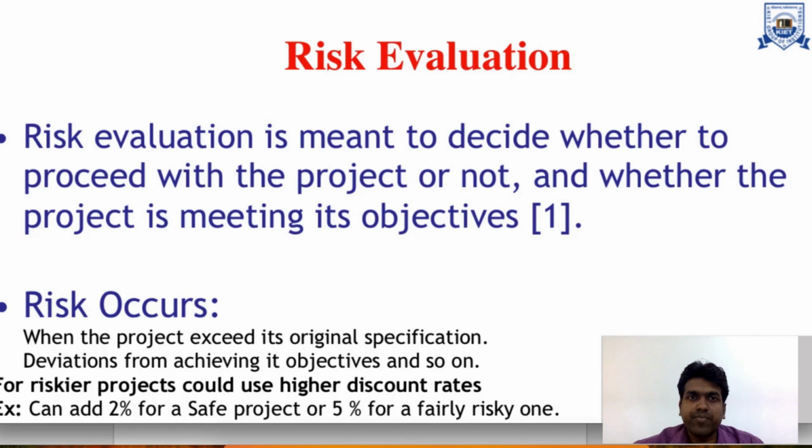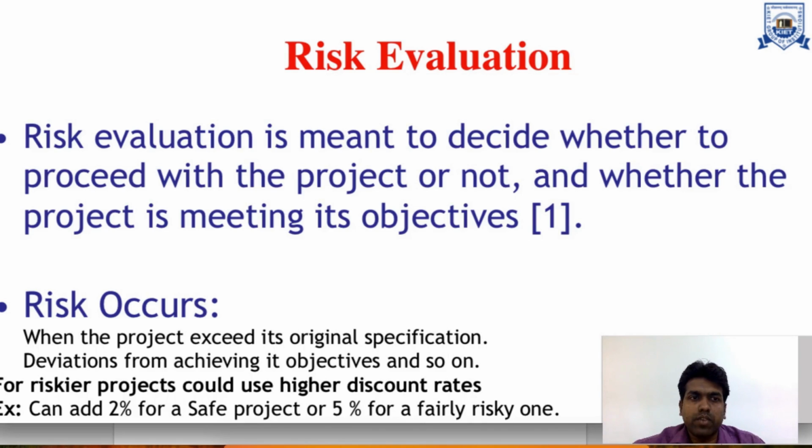Coming to the evaluation of risk, that is risk evaluation. As I told you, first of all we identify the risk, and after that we evaluate how much effect it can have if that risk occurs. It is meant to decide whether to proceed with the project or not, and whether the project is meeting its objective or not.